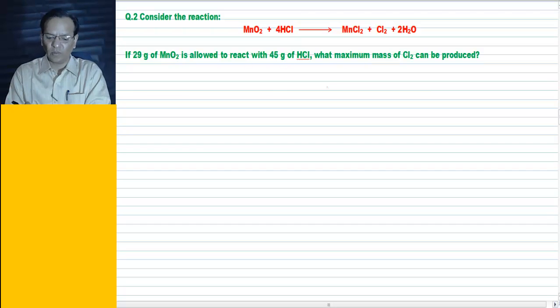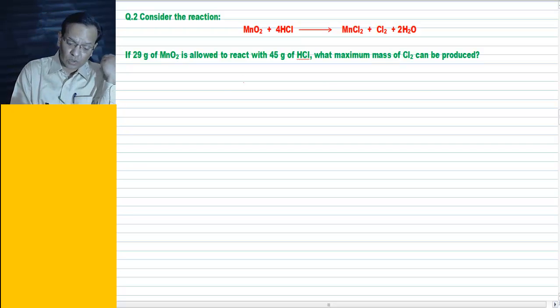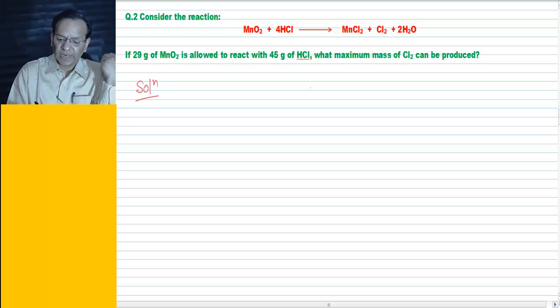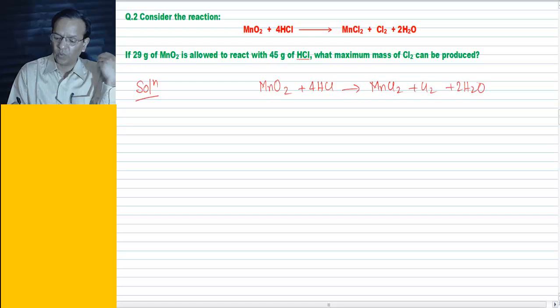Again, it's a question of limiting reactant. We have to find out which is the limiting reactant. So, manganese dioxide reacting with HCl to give MnCl2 plus Cl2 plus 2H2O.